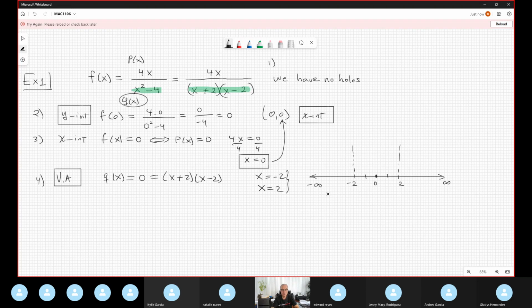Actually, we have 1, 2, 3, and 4 intervals, because you consider the x-intercept at 0 as just one part of the partition. I don't draw a vertical dotted line there because it's not a vertical asymptote.